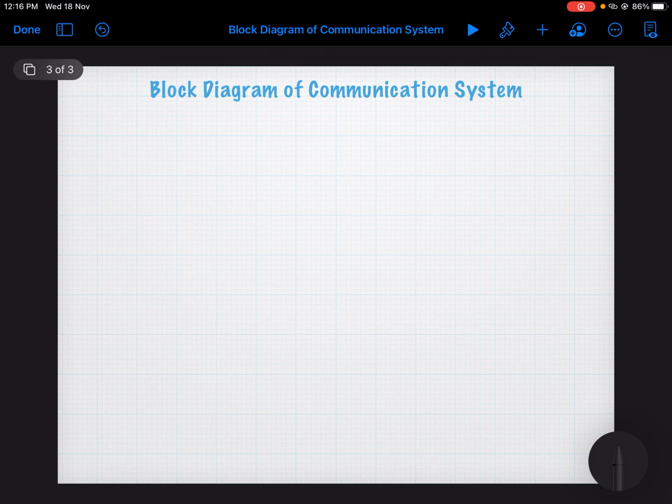For example, you want to communicate with your friends. You, as a sender, and your friends will be a receiver. The means of communication is by using the mobile phone.